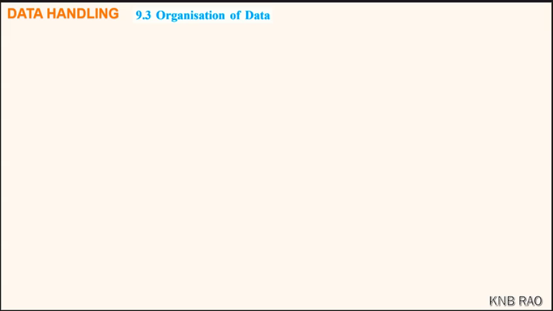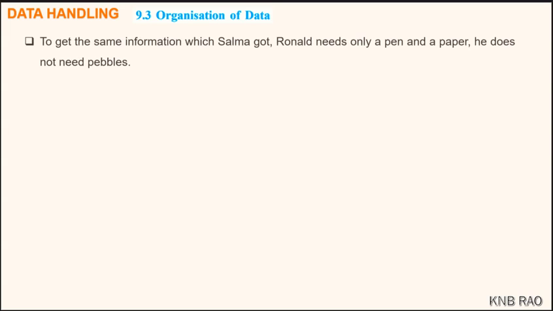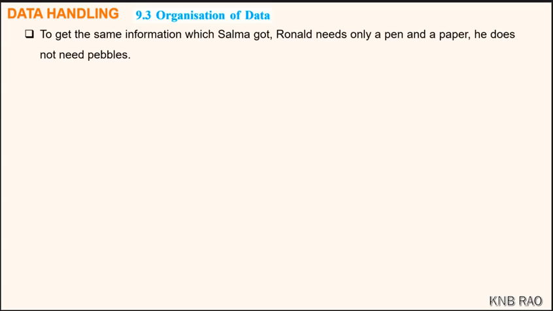Now, let us learn organizing of data. Students, to get the same information which Salma got, Ronald needs only a pen and paper, rather than drawing squares on the floor and asking the children to keep pebbles on each box, whichever they choose for their choice of fruit.